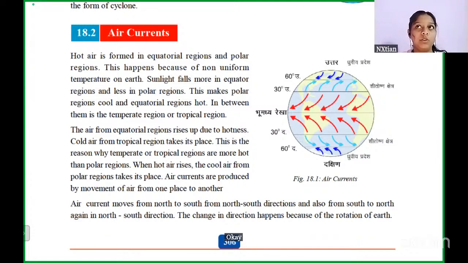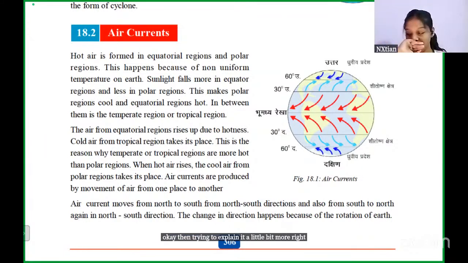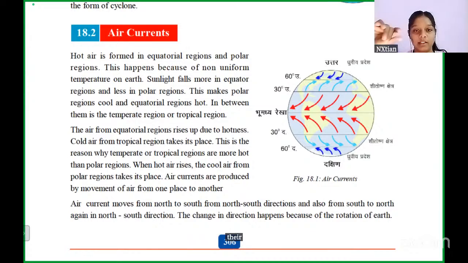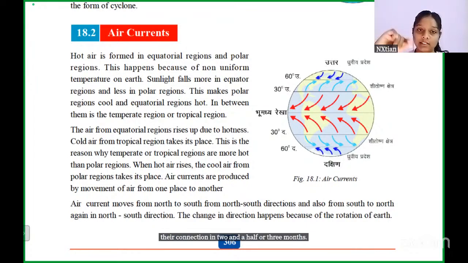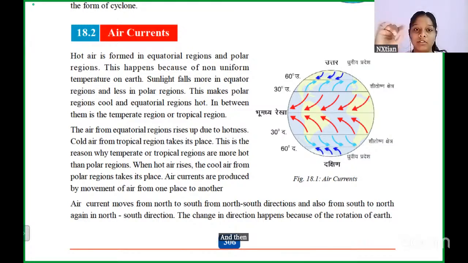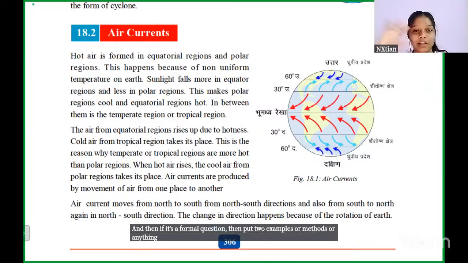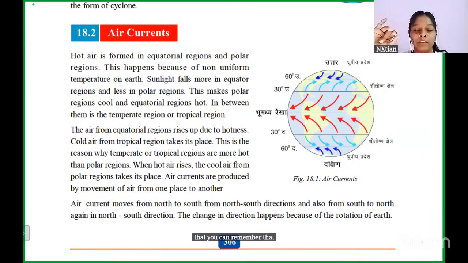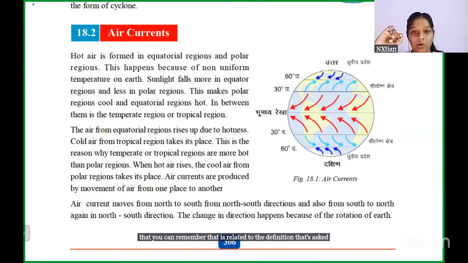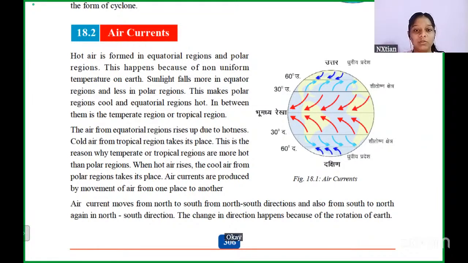But if it is a question of 3 marks, 4 marks, then try to explain it a little bit more. Definition in 2.5 or 3 lines, then explain it in another 2 lines. And if it's a 4 mark question, then put 2 examples or methods or anything that you can remember that is related to the definition that's asked.